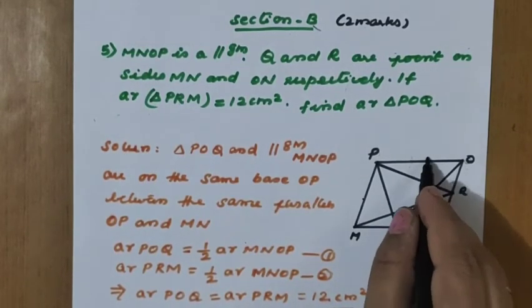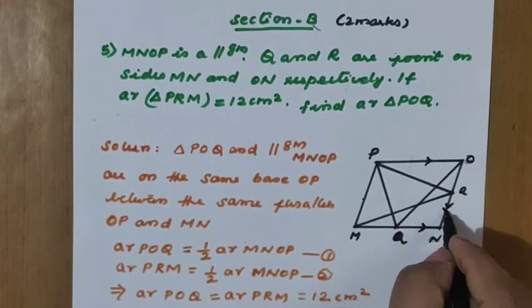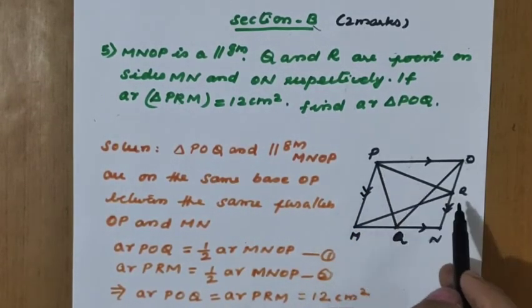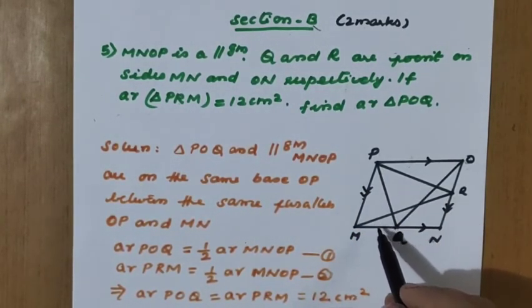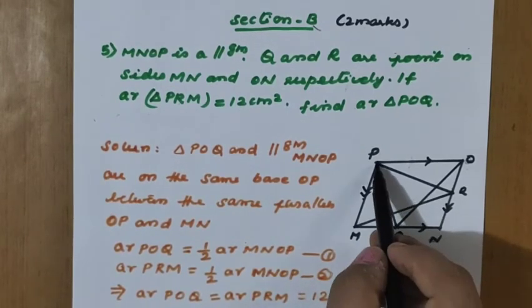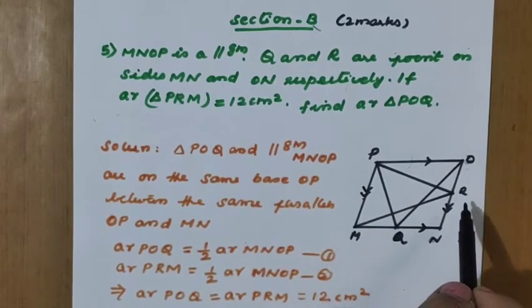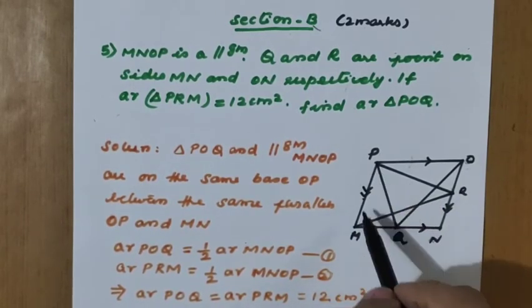So let us mark like this also. It is clear to you. So PRM, which is 12 centimeter square area, is a triangle on the base PM and between the parallels ON and PM.